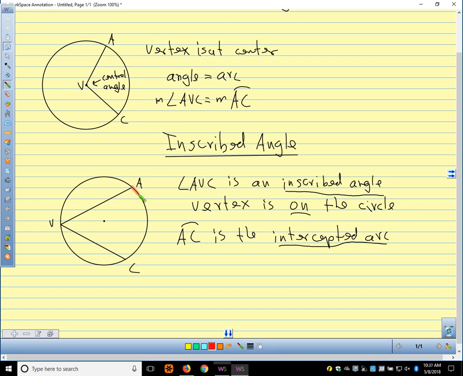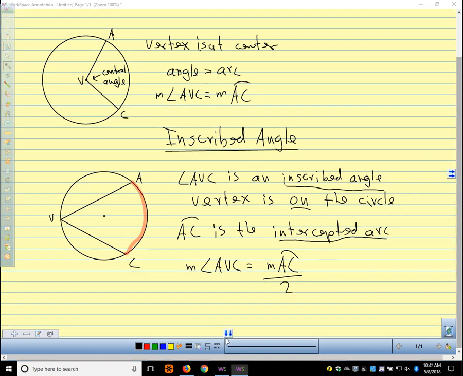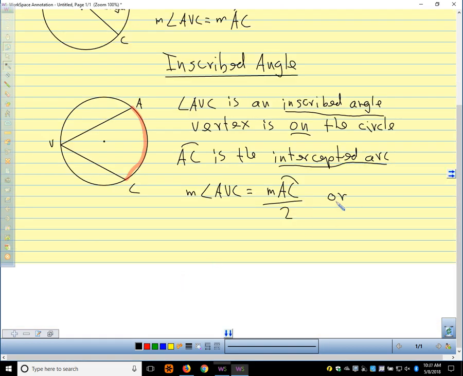I'm going to highlight, there's my arc AC. The way those two are related is, and this is what you're going to want to put in your flip book, the measure of angle AVC is equal to half the measure of the arc. Or, the other way you can think about that is the measure of arc AC is 2 times the measure of angle AVC.